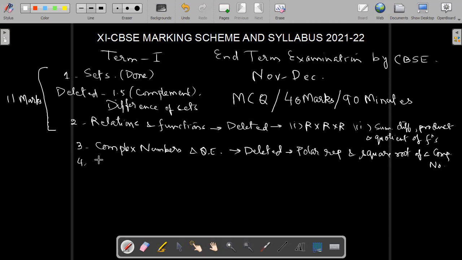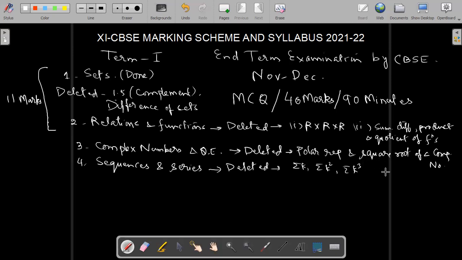And fourth, sequences and series, that we will start later on. Here, special series, based on formulas for special sums, summation k square and summation k cube, are deleted.